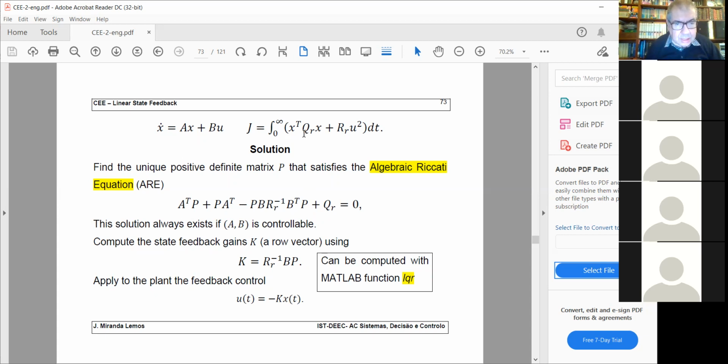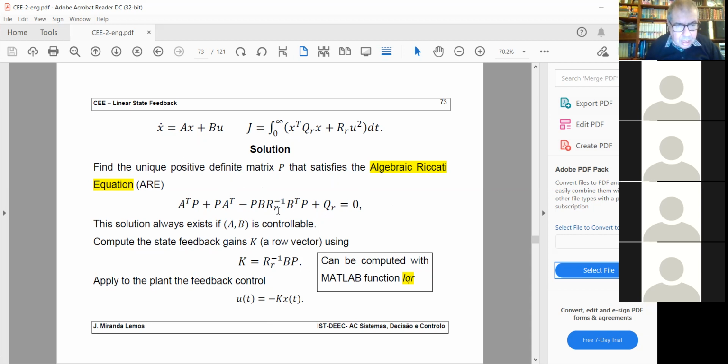Q is that matrix. So the game here is that you select R and Q and you solve this equation, the algebraic Riccati equation. And then you compute K using the solution of the algebraic Riccati equation, and your control law is the last one.